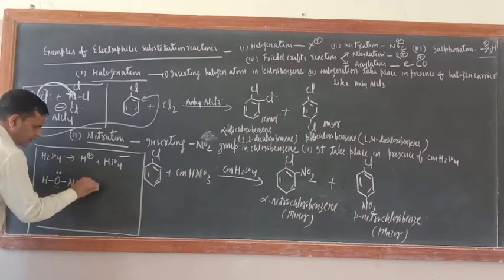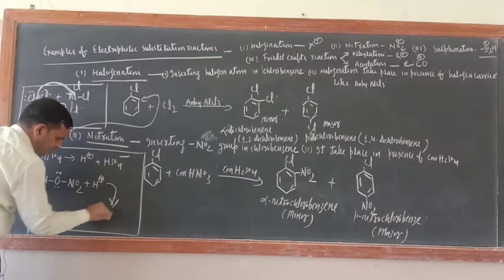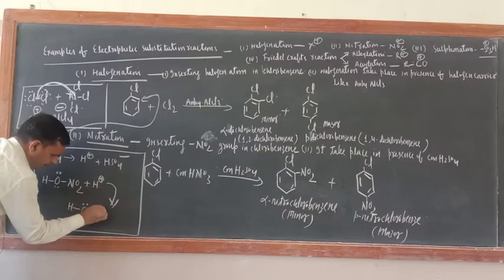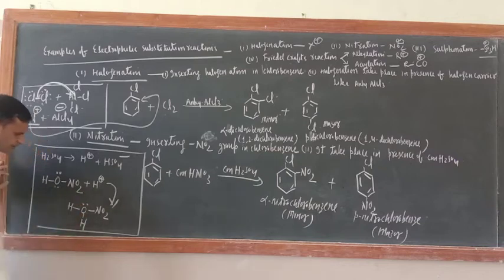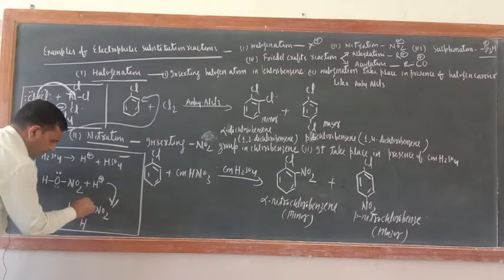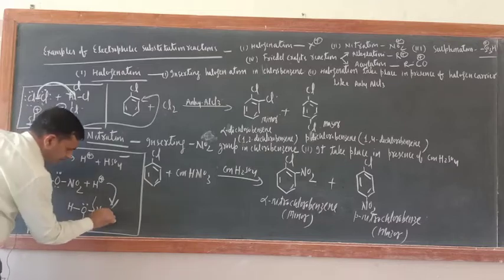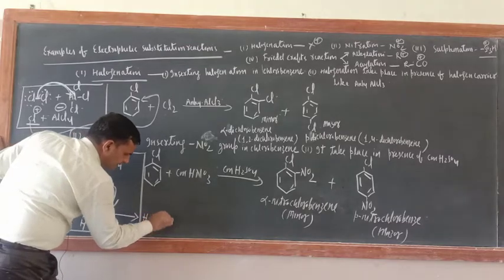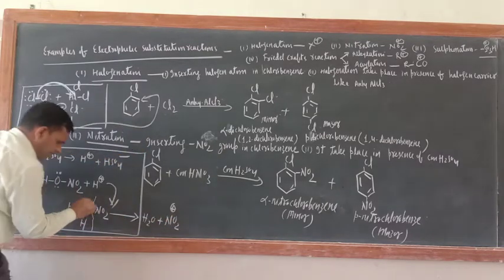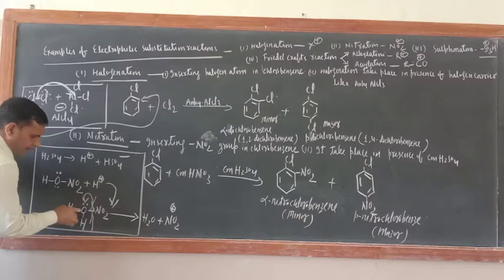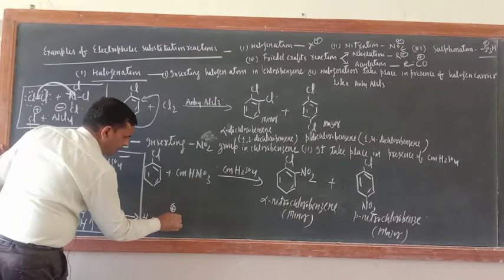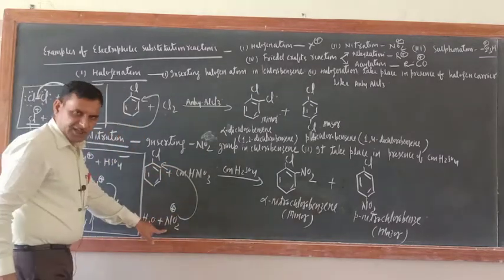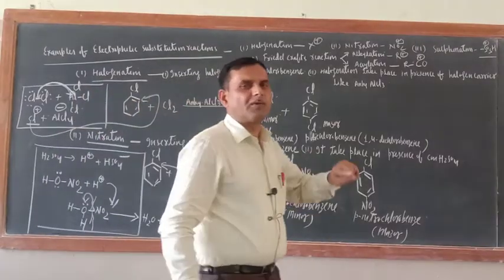This H positive will attach, giving H, O, NO2 and H. Now break the bond from here, so this will be H2O plus NO2 positive. When this bond is broken, both electrons are taken away by the water molecule. So this is NO2 positive, which attacks only at the ortho and para positions. So I explained how NO2 positive is generated.